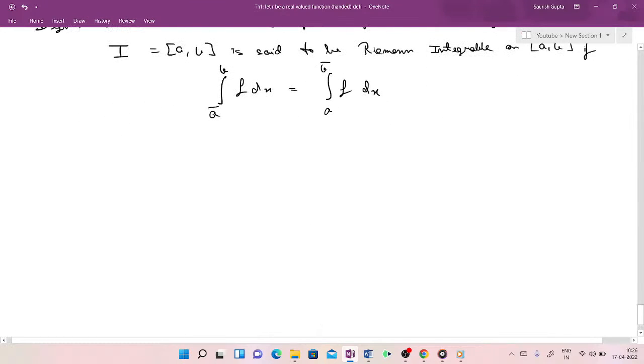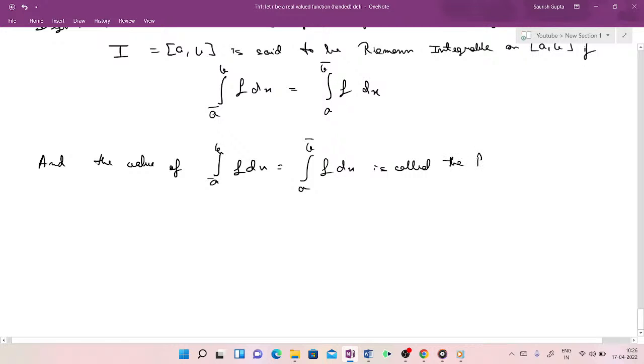And let this value be, let me write it as a value itself, and the value of this lower integral which equals the upper integral is called the Riemann integral of f in a, b, written as the integration a to b of f(x) dx.